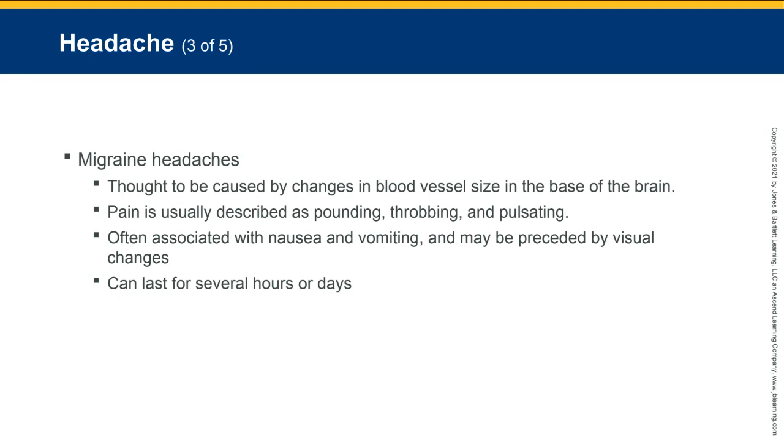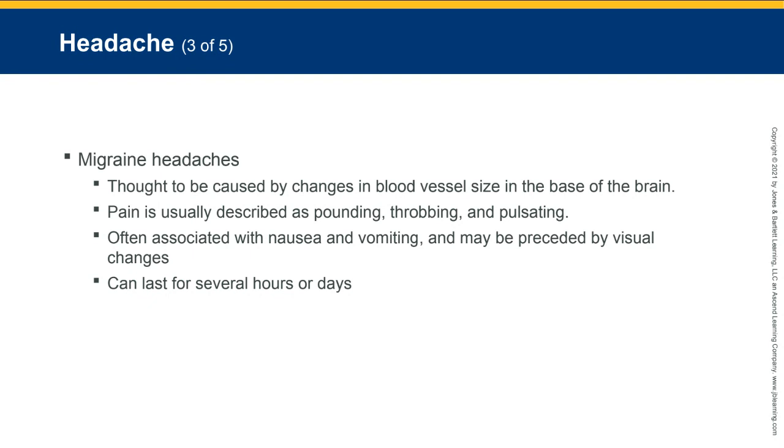Migraine headaches. Now, migraine headaches are due to changes in the size of the blood vessels at the base of the brain. The pain is usually a pounding, throbbing, or pulsating pain. That's how they describe it. They might have triggers.